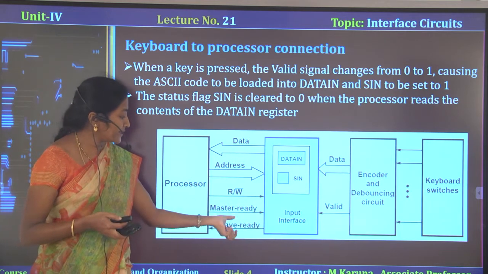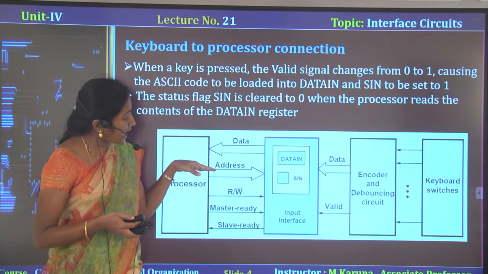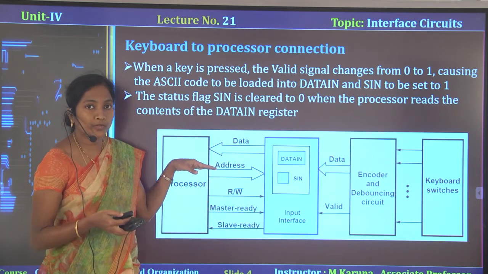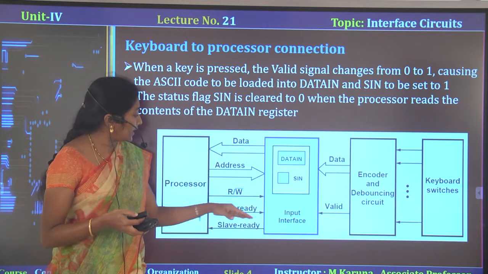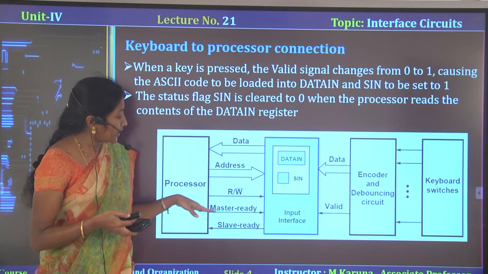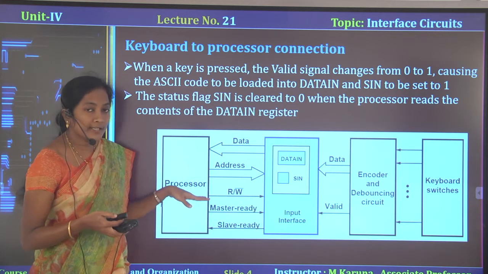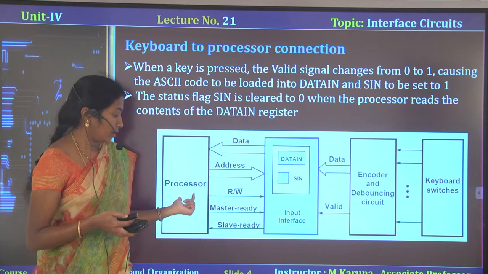Before that, some handshake signals are used. Initially the processor sends the address to the keyboard to access it. After that the processor issues the read signal. Then, whenever the processor is ready to receive the data, the master ready signal is issued by the processor.